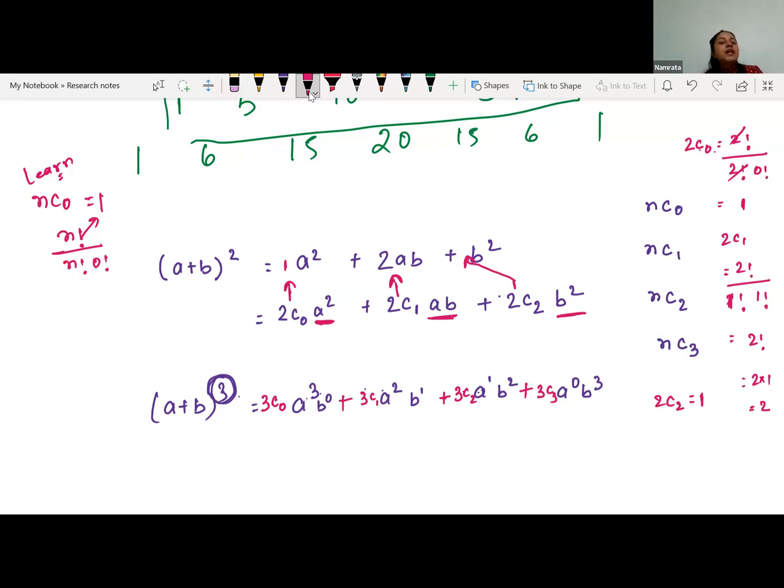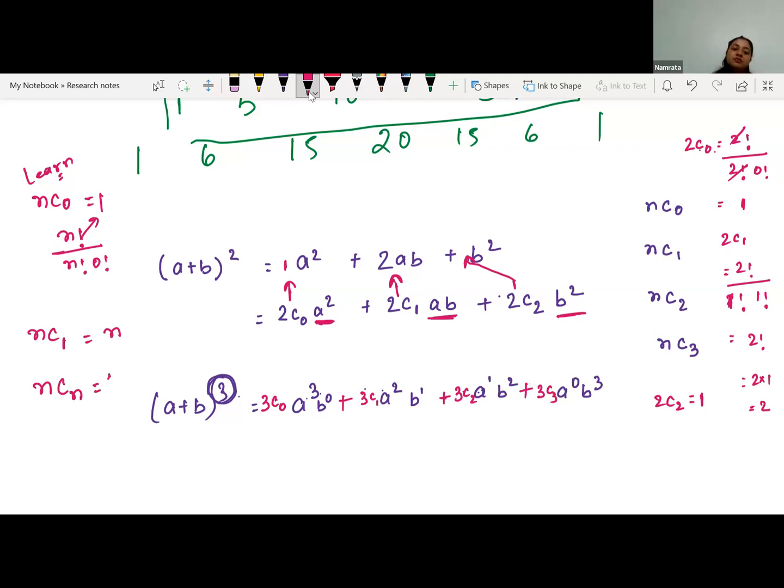So suddenly if I ask you, Lina, what will be the value of 5C0? Directly you will tell me it's 1. Okay? Yes, ma'am. If I ask you, what will be the value of nC1? nC1. So the value will be n only. Okay? So is it clear till here? Yes, ma'am. And if I ask you, what is the value of nCn?